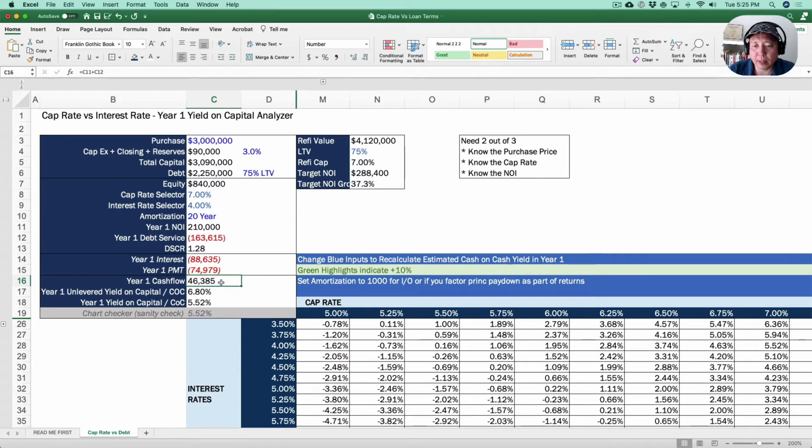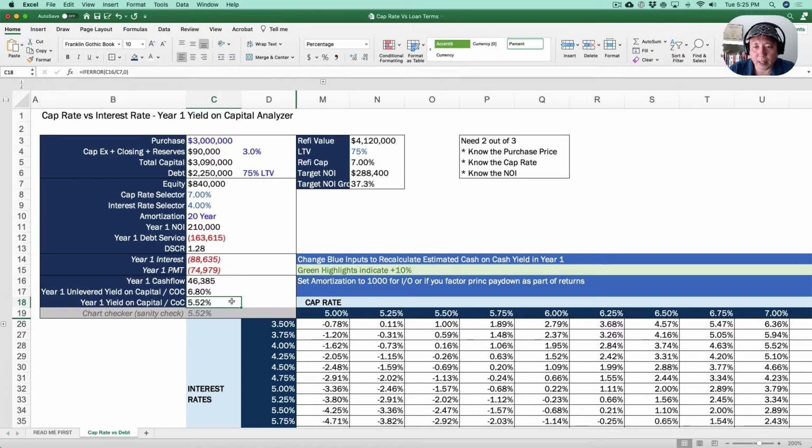Let's take a look at what that means. On an unlevered basis, if you paid the $3,090,000 all in cash, your cash on cash for year one, your unlevered yield on capital, would be 6.8%. Your year one yield on capital, cash on cash, with the loan would be 5.52%. Now that might seem counterintuitive to some people.